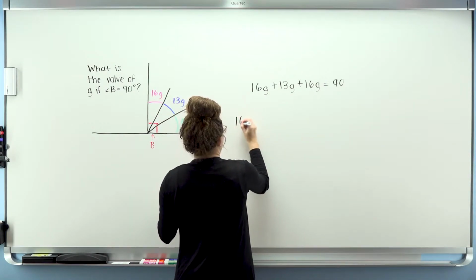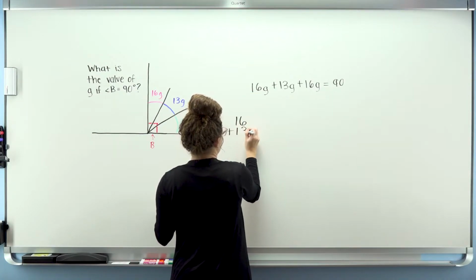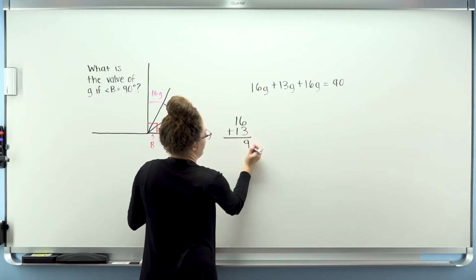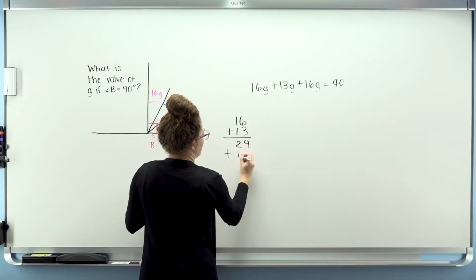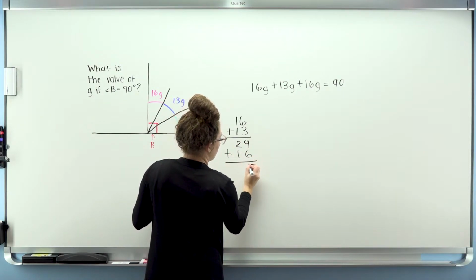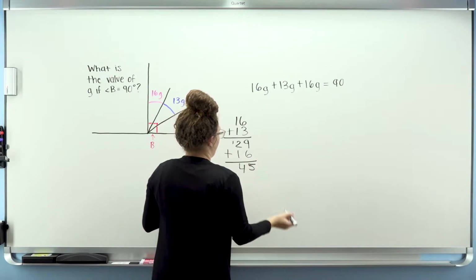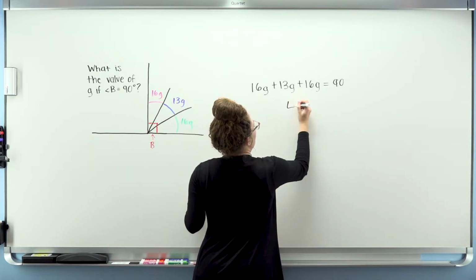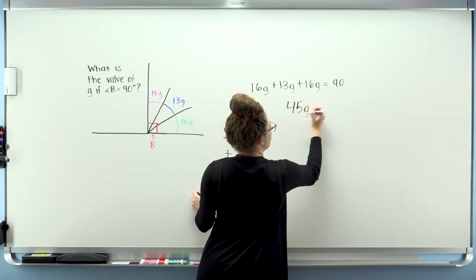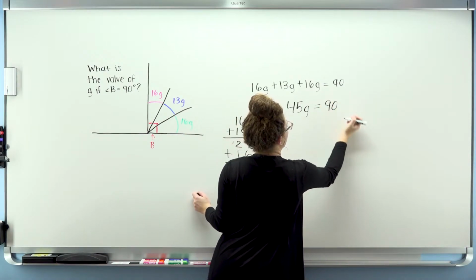So if we add these, 16 plus 13 is 29, plus another 16 would be 45, right? So that means we have 45g is equal to 90.